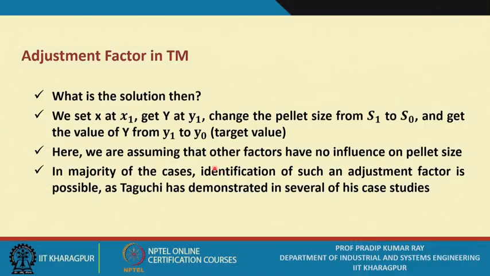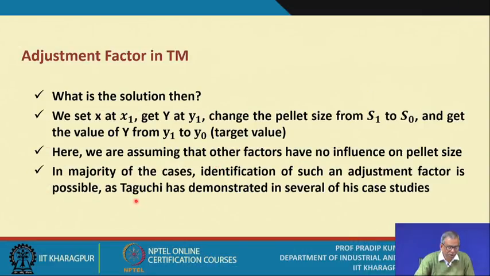That means what are the factors affecting the performance of the process, and you must know how the process has been designed. With this knowledge regarding process performance and process design, identification of an adjustment factor becomes easier. So Taguchi has demonstrated these applications in several of his case studies.